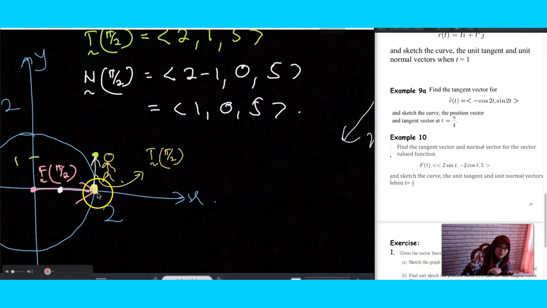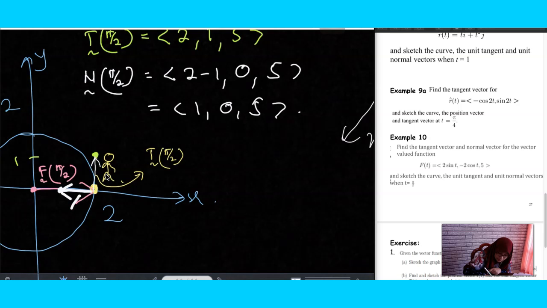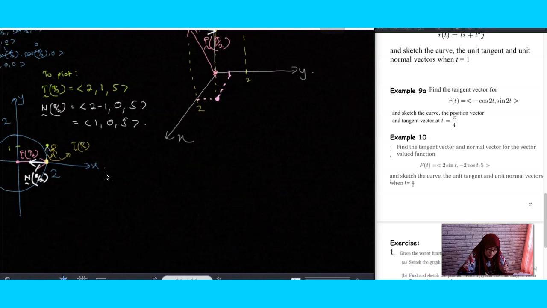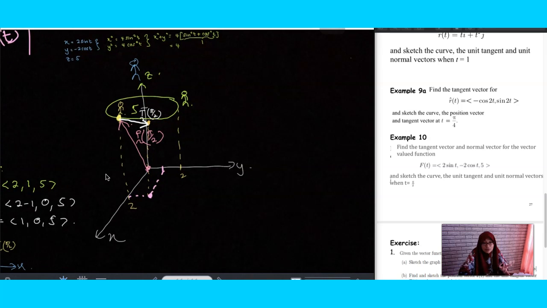You should be starting from your position now. So you draw a line pointing in that direction, and this one is your unit normal at t equal to pi over 2. So that is the sketching on 2D, but you have to sketch in 3D because your graph is in 3D. Just my explanation to you, okay?